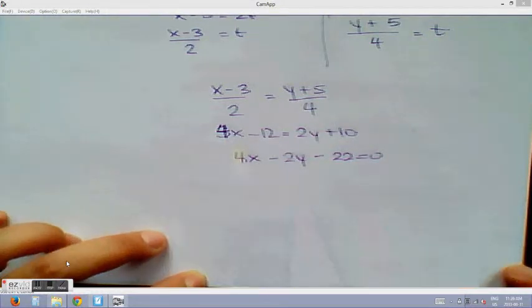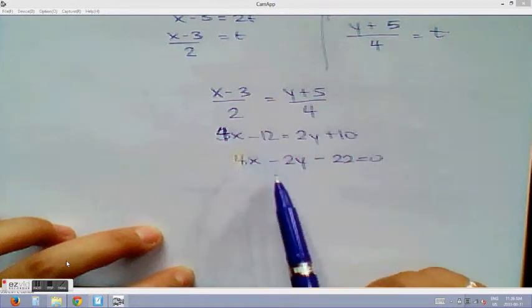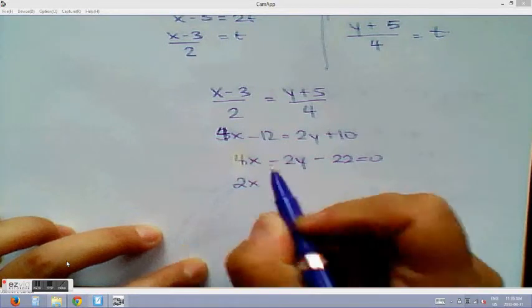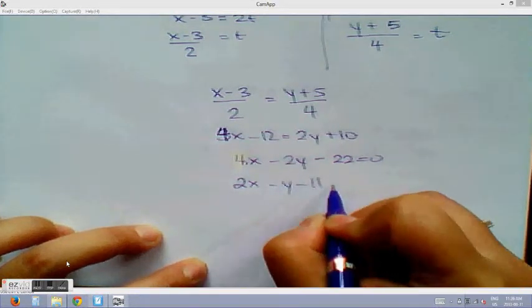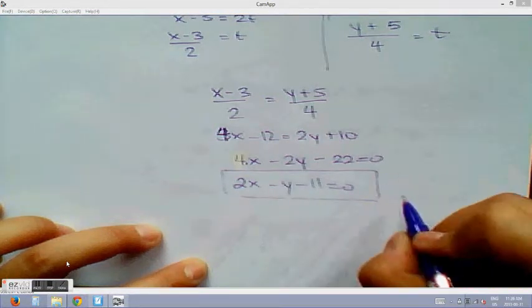For some reason, I really want it to be a 3x, but I made that correction again. So here, what we could do is reduce this further by dividing everything by 2. So we're left with 2x minus y minus 11 is equal to 0. And that is our scalar equation.